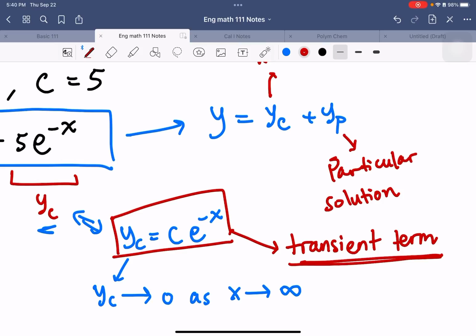So we call it transient. It sounds like it does not really do anything, so whatever happens in these components doesn't really have significant meaning.